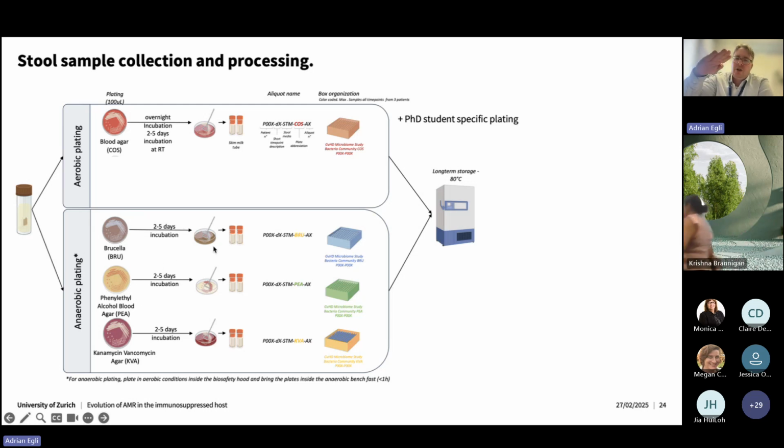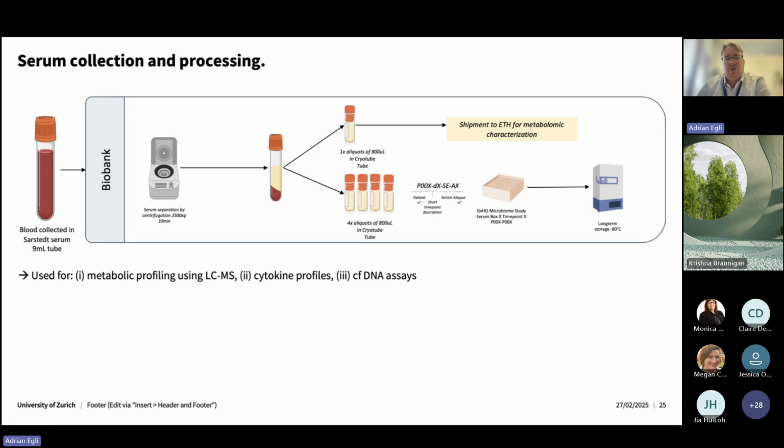And then when we see colony growth, we go with a loop and collect a full range of bacteria. So there we don't pick individual colonies. The PhD students, whom you will see later on, have additional plating strategies which come on top of that. But that's just the harvesting of the material and the samples we actually put together.